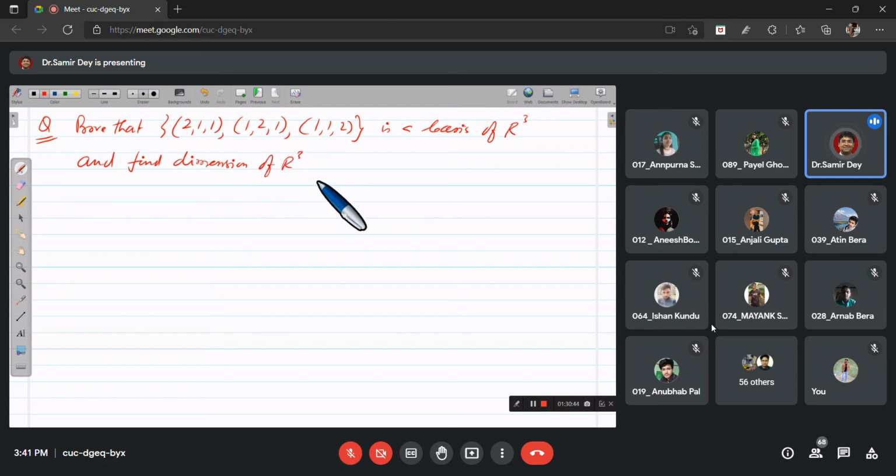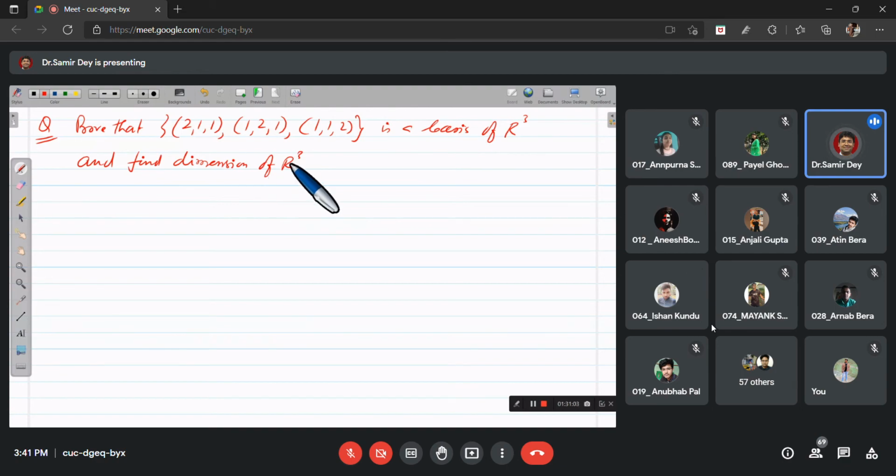Anyone can tell me what is the dimension of R cube? 3. Very good. Because if you can prove that this set is a basis, then automatically we can say there are 3 vectors you have. So that's why the dimension of R cube is 3.